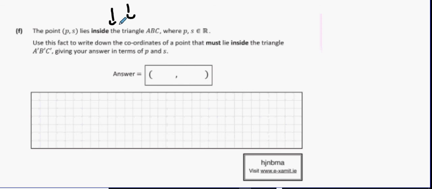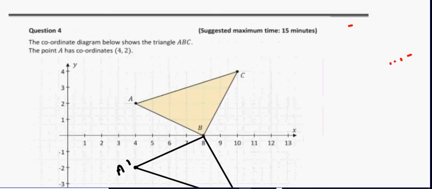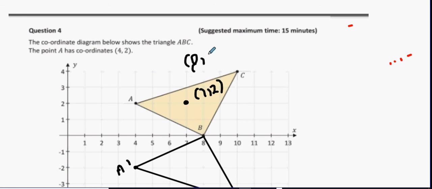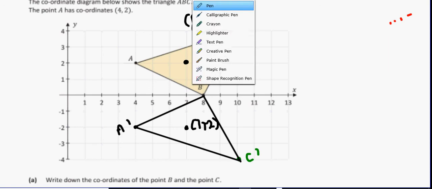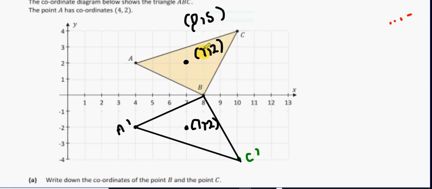Awesome, right? So here's what we're going to say. The top triangle. See this point here. What point is that? 7, 2. Would everybody agree it's 7, 2? For argument's sake, let's call it P, S as well. You cool with that? Now, what happens when 7, 2 gets reflected? What does it turn into? 7, minus 2. So the 7 remained the same.